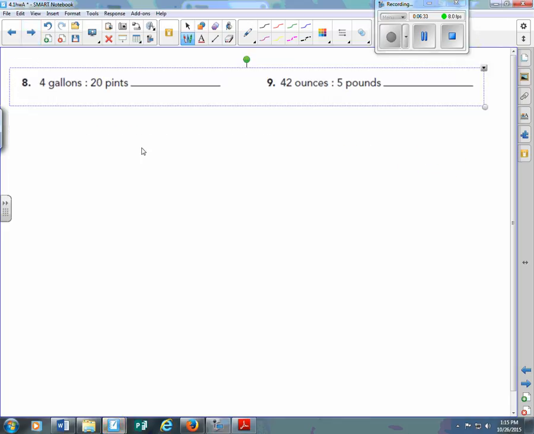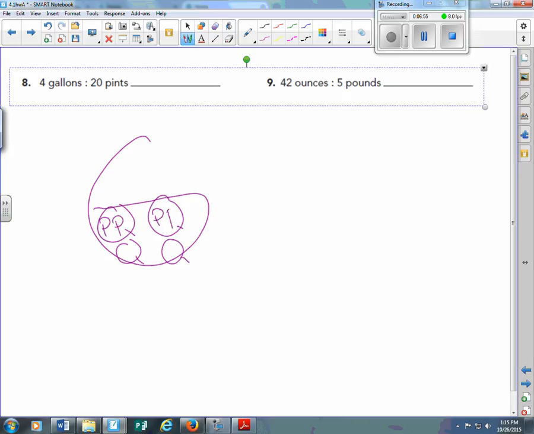All right, so we have 4 gallons and we have 20 pints. Again, we have to figure out how many pints are in a gallon. So I would just quickly throw out my model. Quart, quart, quart, quart. We know that there are 2 pints in each quart. And I look back and I say 1, 2, 3, 4, 5, 6, 7, 8.